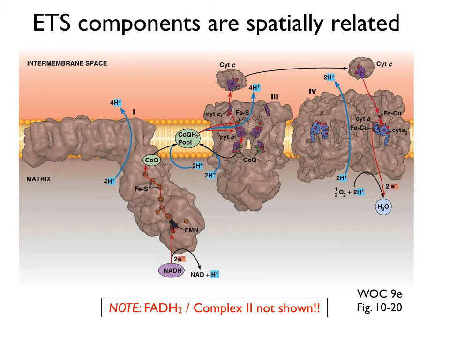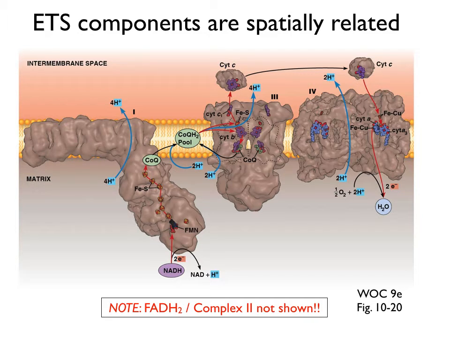The details are not something that you need to be concerned with, except to say that it's worth looking at how the electrons are transferred. And you can see that the various redox reaction centers are coordinated in space in these complexes.